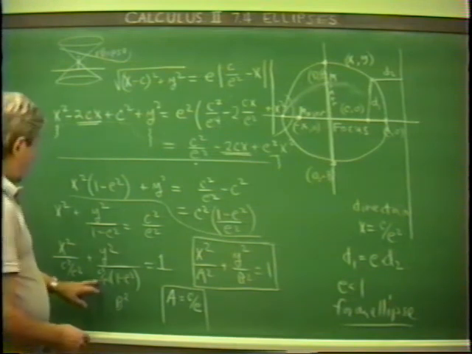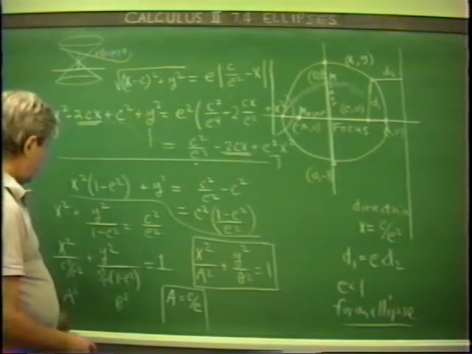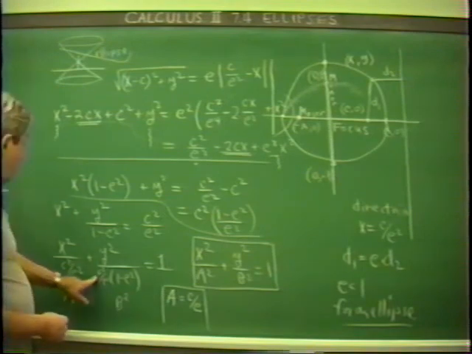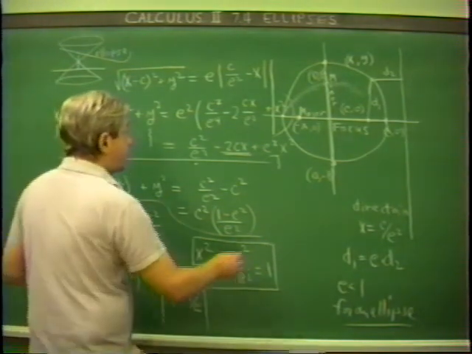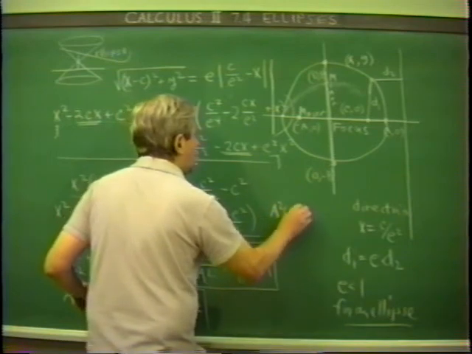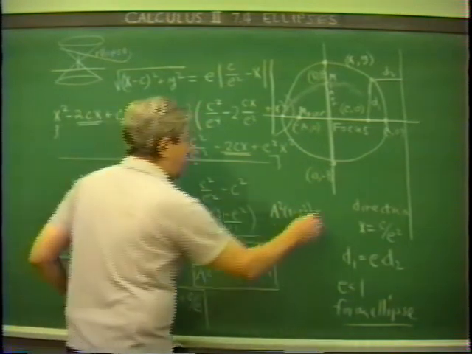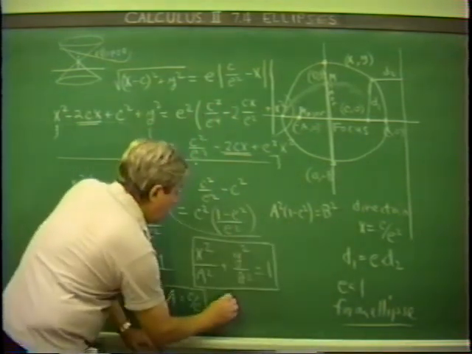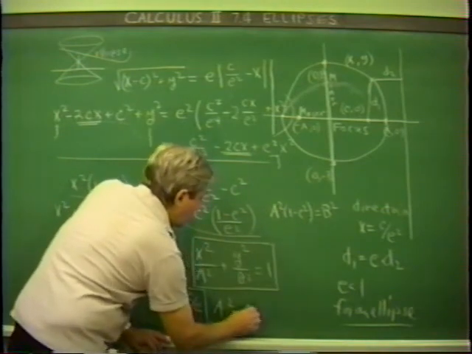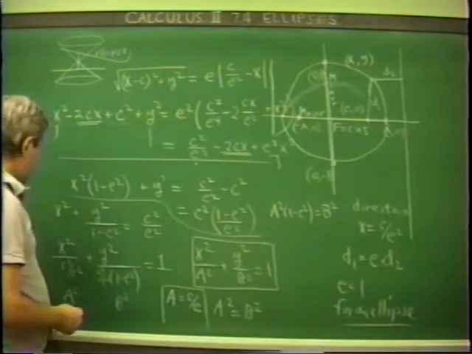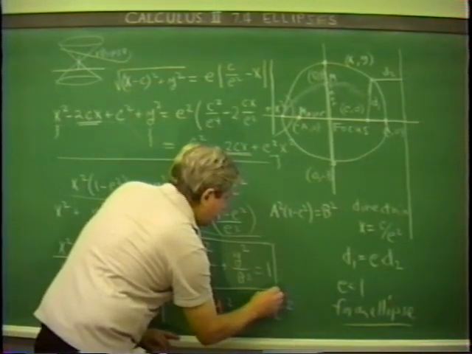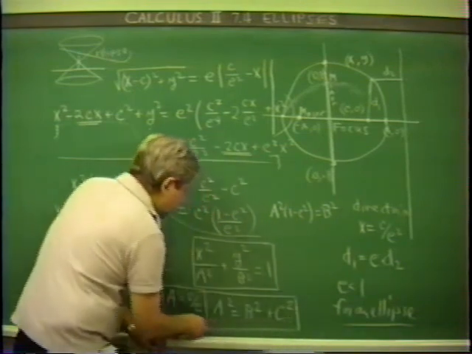Right? a squared times 1 minus e squared is b squared. So we get a squared is equal to b squared plus a squared e squared, and a squared e squared is c squared. So a squared is b squared plus c squared.